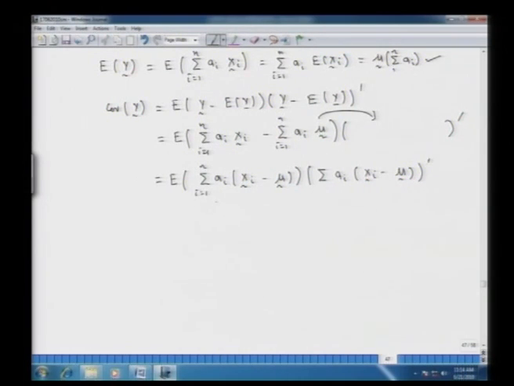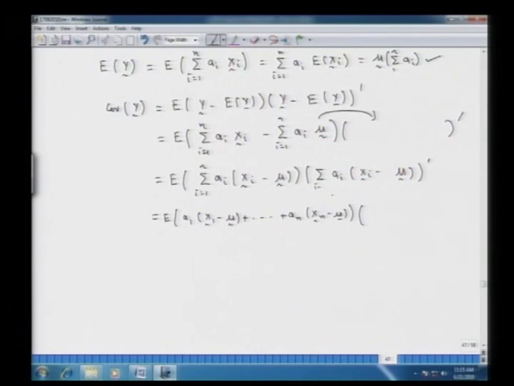Now if we take expectation of the products that would come from this particular expression, let us just look at this in a simple way. This is a1 x1 minus mu, the first term in this n-term summation, and this is the last term, an xn minus this mean. Then we will have the n terms corresponding to this entry.